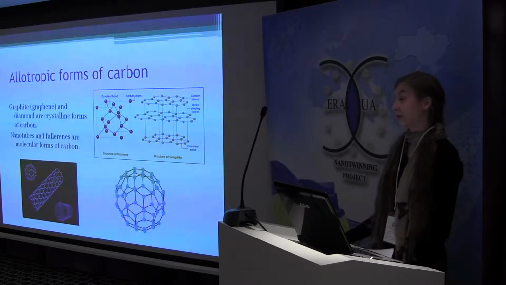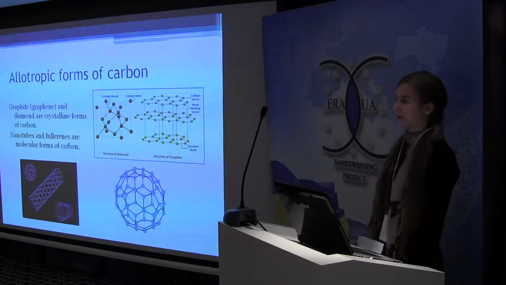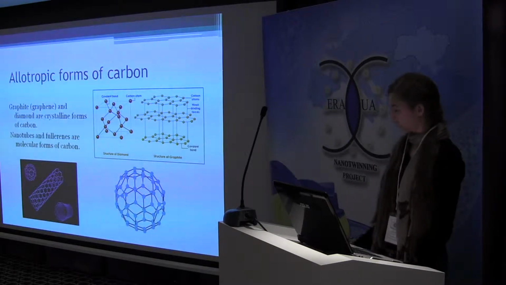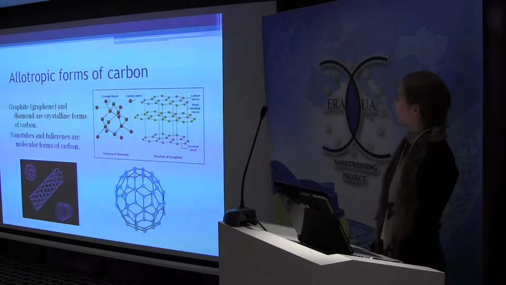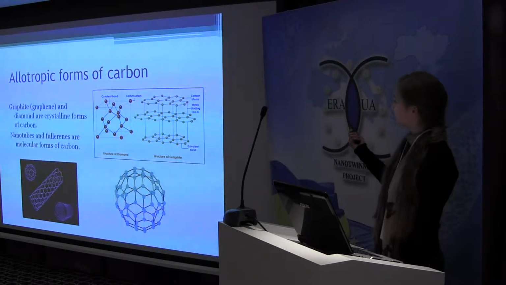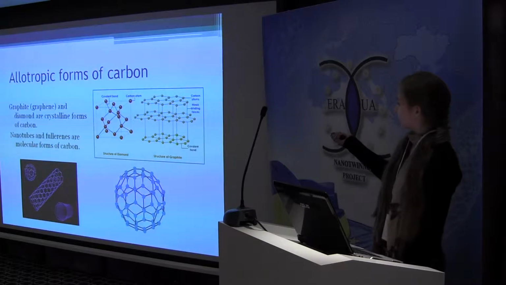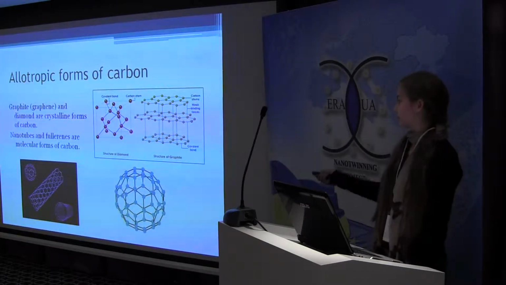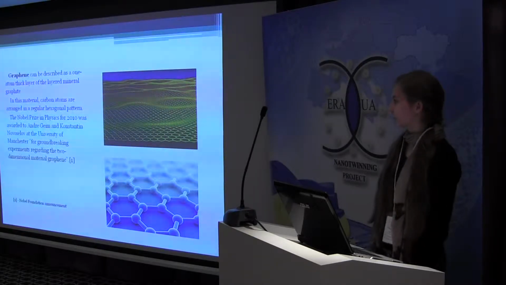Graphite, graphene and diamond are crystalline forms of carbon. Nanotubes and fullerenes are molecular forms of carbon. In the picture you can see, in red, the structure of diamond. Near it, in yellow, is graphite, then fullerene, and then nanotubes.